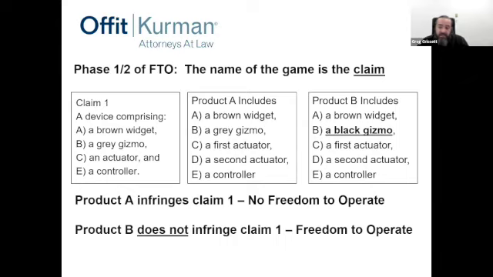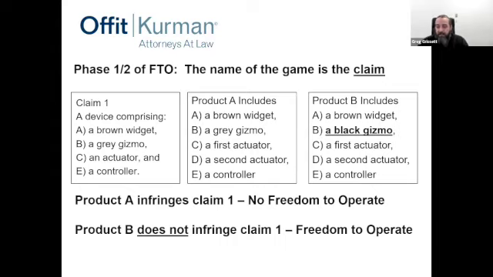Product A still infringes the claim even if you added another actuator. That's not really the issue. Now we do some brainstorming and say, well, my technical team says a black gizmo is going to be better. Now in this example, product B, a black gizmo is not a gray gizmo, so you don't infringe that claim. Right. So that's what happens in this phase 1 and 2 of this freedom to operate study.